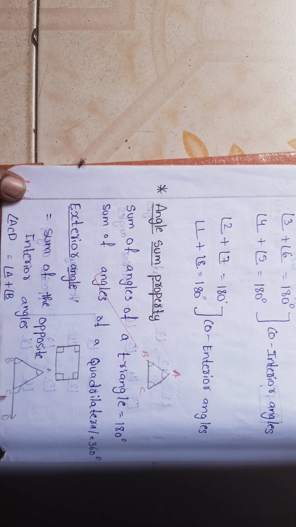ACD is the exterior angle, and it is the sum of the opposite interior angles. Interior means inside the triangle. Angle ACD is equal to angle A plus angle B.